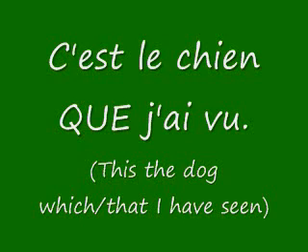J'ai vu le chien. So, le chien here cannot be the subject of the action to see, voir. Instead, it is the object. It is the one that is being seen by me. So le chien will be the direct object and we will use que.